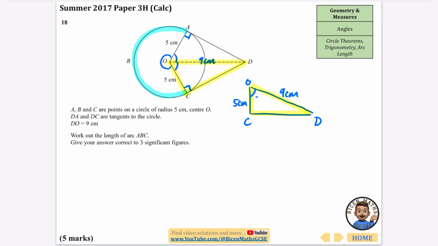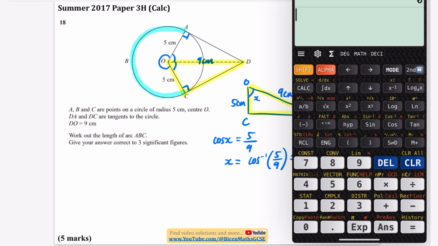If I call that angle X, we're going to set up using trigonometry. Now I've got the adjacent and I've got the hypotenuse. So I'm going to say that the cos of X is the adjacent over the hypotenuse. So I'm going to find out what X is equal to by doing the inverse cos of 5 over 9. And I'm going to put that straight onto my calculator here.